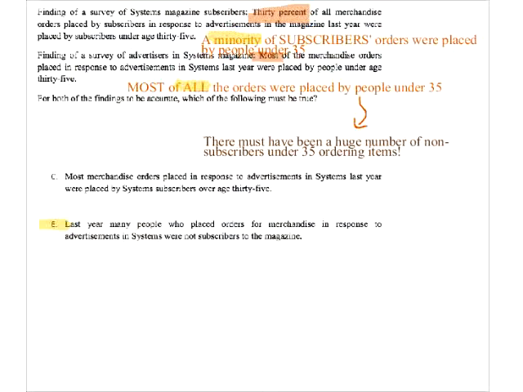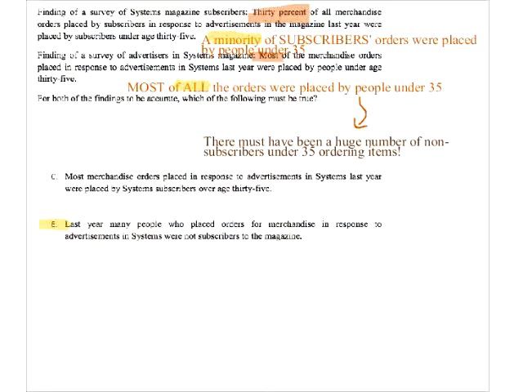Any questions about this? Notice that you can actually prove that C is false. Like, most merchandise orders were placed by subscribers. Well, no, sorry, you can't prove that, but this could very well be false. What you can prove from this first paragraph is that 70% of the subscribers' orders were placed by people 35 or older.